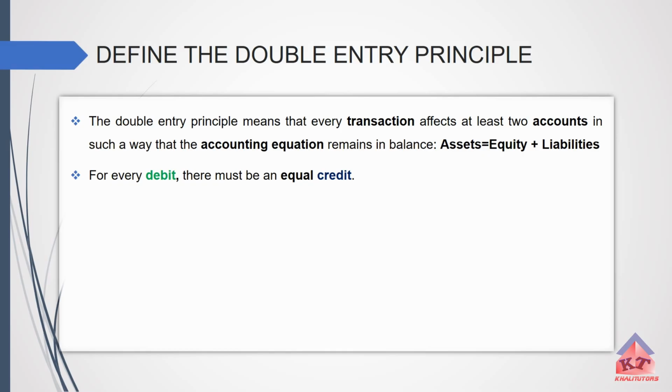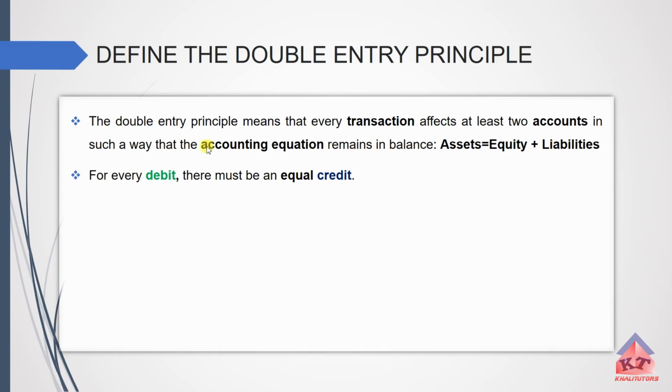Examples are going to make everything simple. Okay, so let us take a step back. If we are going to record transactions, the question is, how do we record transactions in terms of accounting? We record transactions by following something known as the double entry principle.